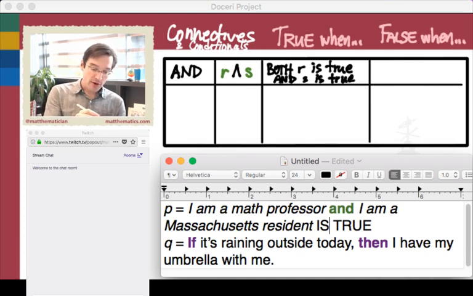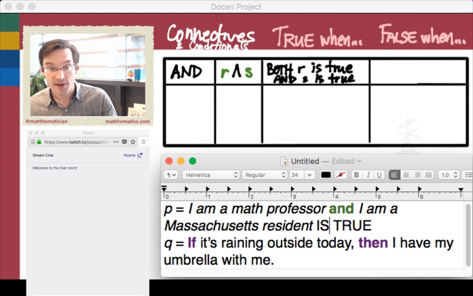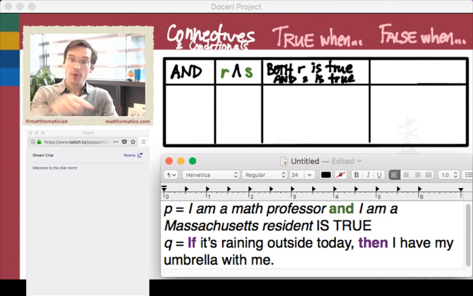Now imagine that I'm a lawyer on the other side of the courtroom. And instead of trying to show that this is true, I'm trying to show that it's false. What's my burden of proof in that case? What I'm looking to do, if I'm trying to prove a statement false, is poke holes in it. I'm trying to figure out what are the possible ways for this thing not to be true.